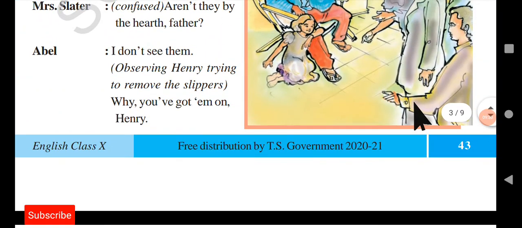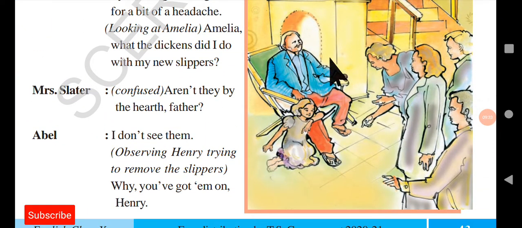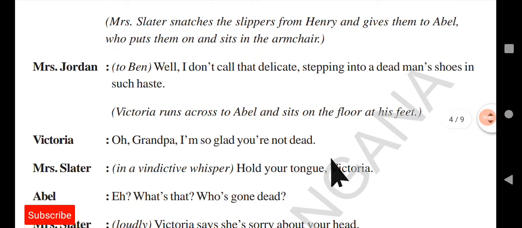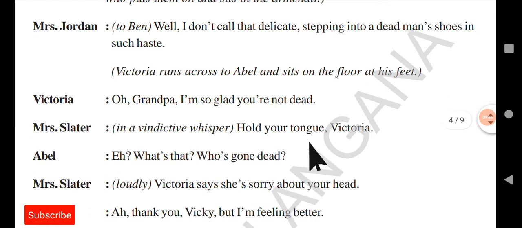As we can see here in the picture, Victoria loves her grandfather very much, and her grandfather also loves Victoria very much, as we had seen in part one. Elizabeth's remark means: we have come directly into a dead man's house, and now I see that Henry is wearing the slippers of a dead man. I don't think that is a normal thing. How can people wear the slippers of a dead man?